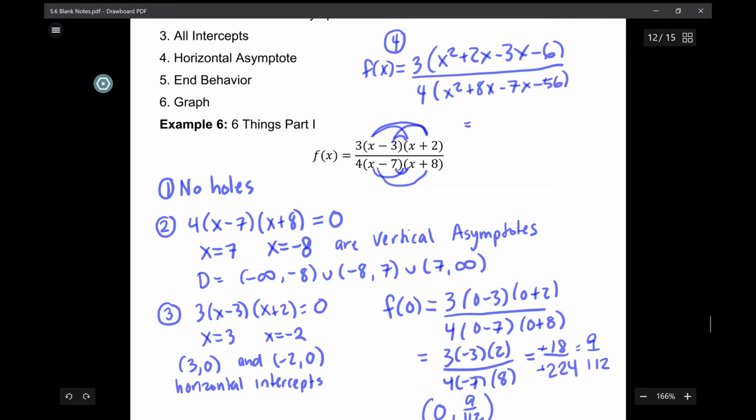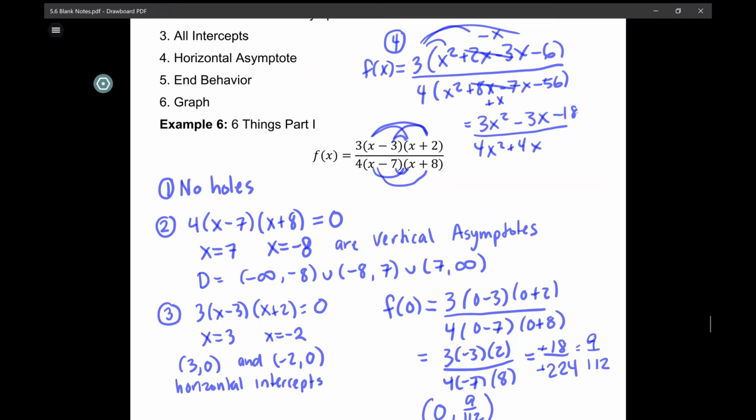That's going to be minus x in here, and that's going to be plus x. So we get 3x squared minus 3x minus 18 over 4x squared plus 4x minus 224.